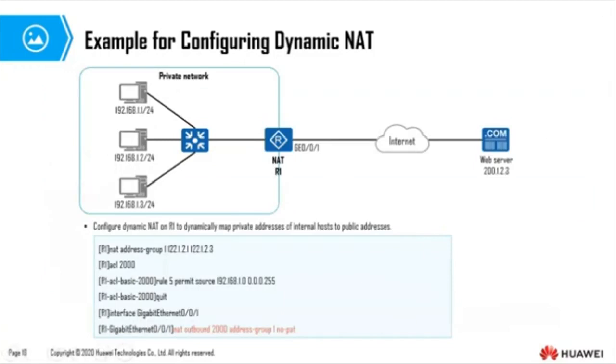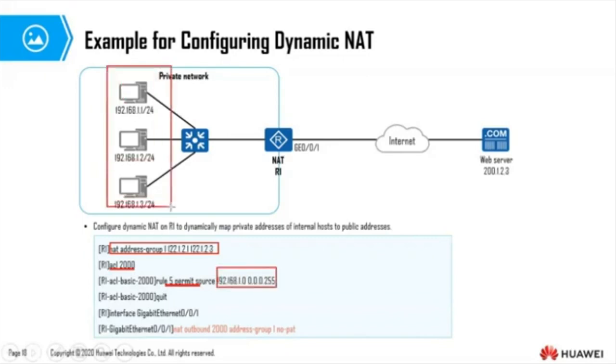Okay, so an example of configuring dynamic NAT. Okay, so nat address-group 1, then we have 122.1.2.1 all the way to 122.1.2.3. Then we create an ACL 2000 rule 5 permit anyone from this network. Anyone from this network.